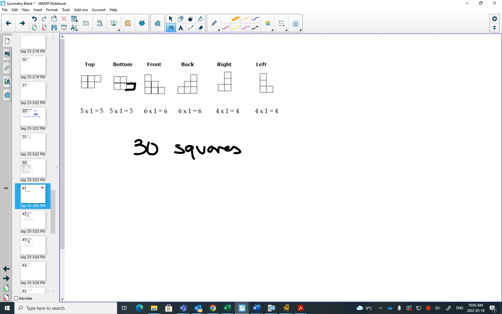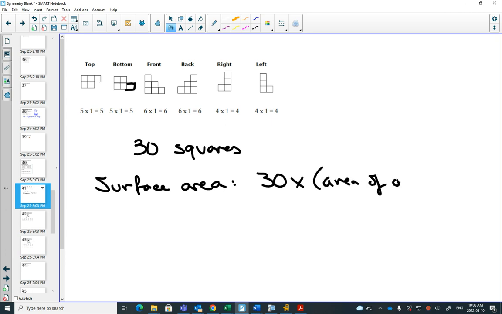Often these questions say each square is a perfect 1 unit by 1 unit, then the surface area is going to be 30 times the area of 1 square. So if we actually did these pink cubes that I had, I'd have to take 30 times 2.25.